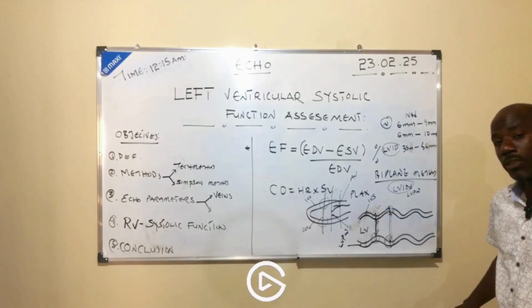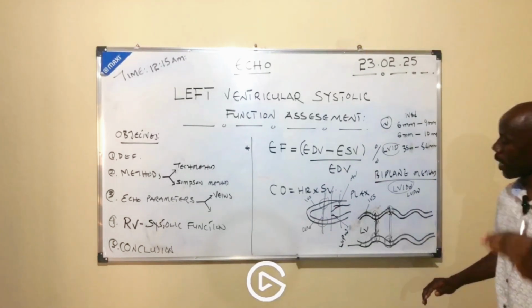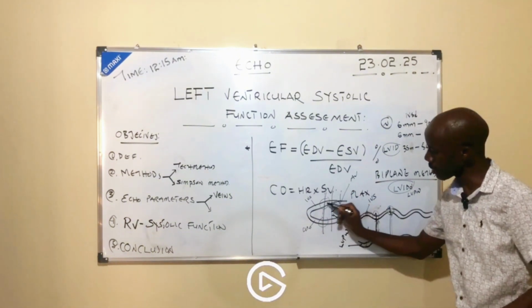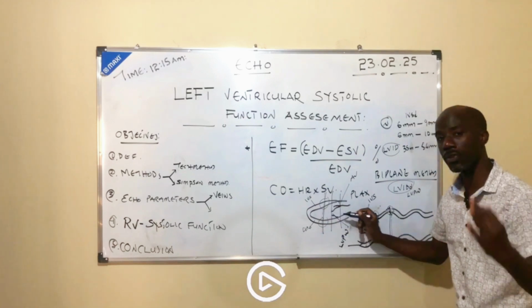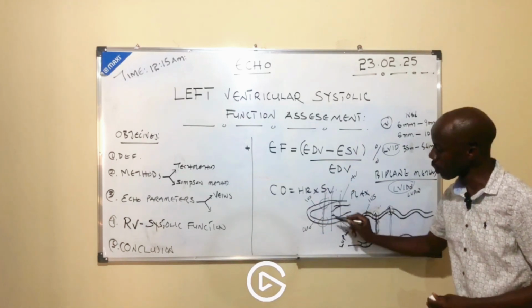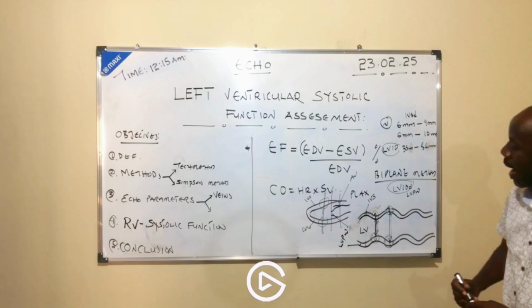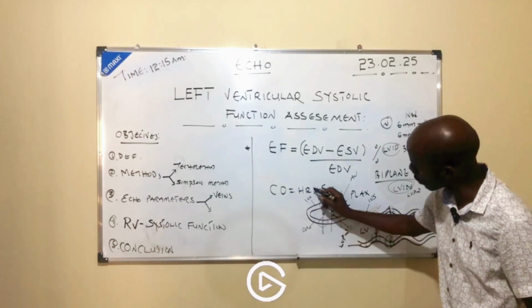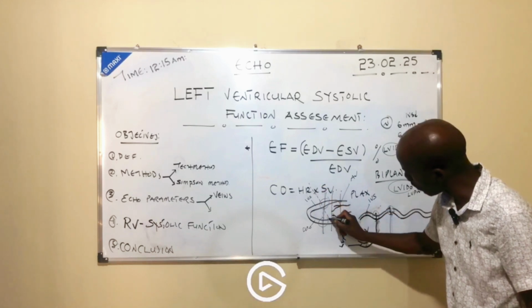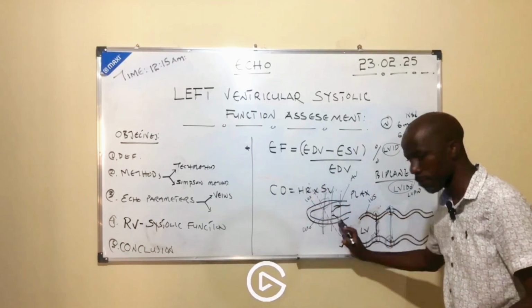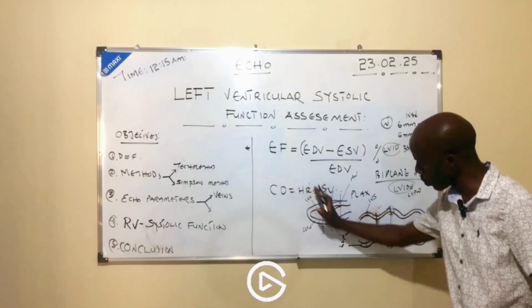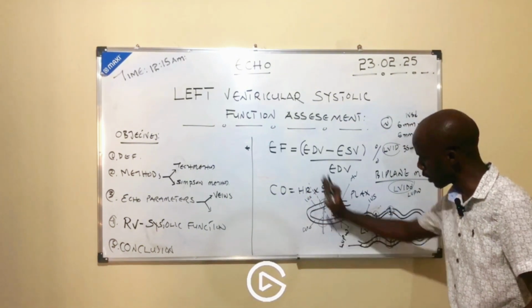All you need to take into consideration, make sure that you understand your technique, you understand your planes, and you also understand that it's not being taken at an angle. So it should be very perpendicular and not picked like this. This is a foreshortened image, and I don't encourage you to take these measurements at this plane.